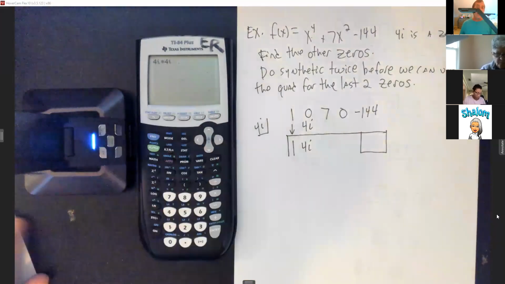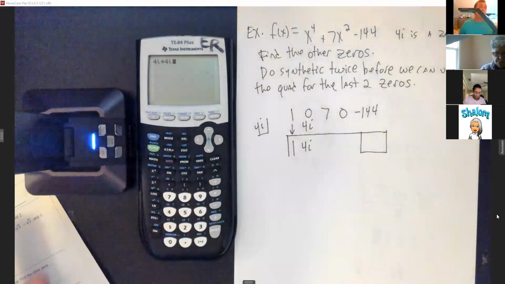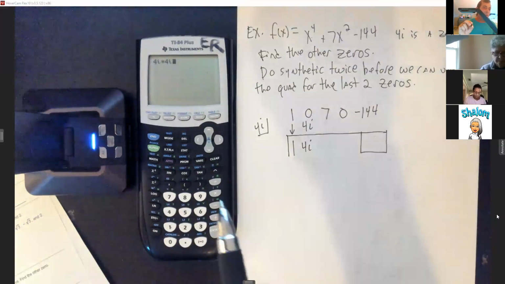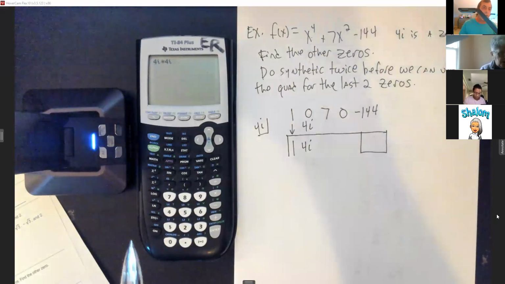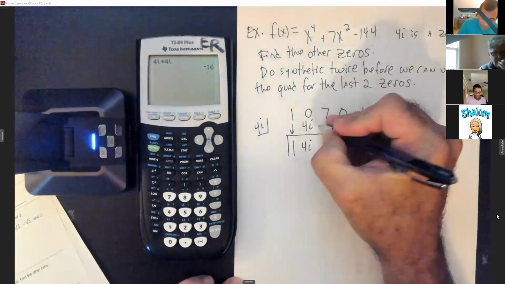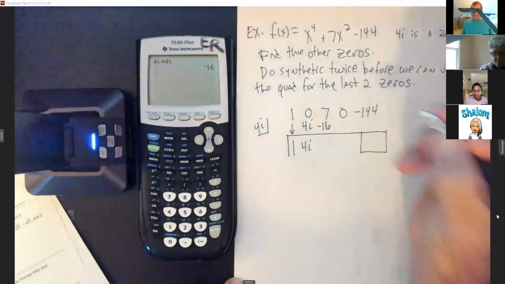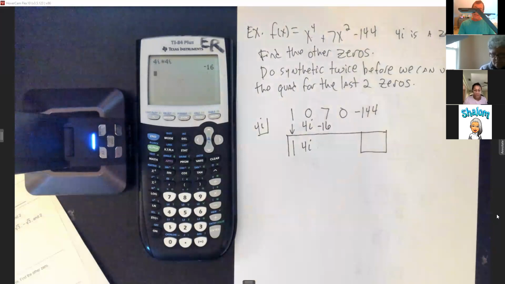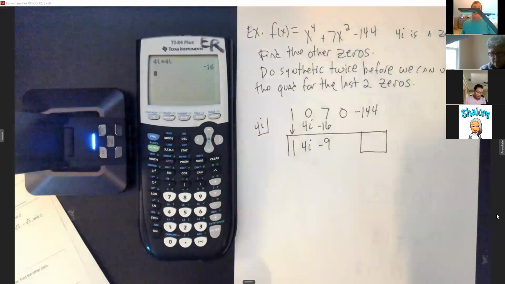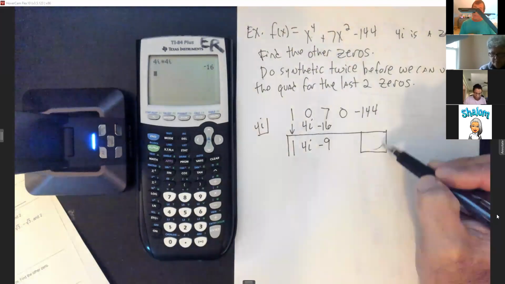So I now have a 4i times a 4i, which will give me a 16i squared. But remember, what did we say i squared equaled? -1. So that's going to be 16 times -1, which better give me a -16. Now 7 and -16 give me a -9. Now remember, if we're doing this right, when we're done, we better get a 0 remainder, okay?